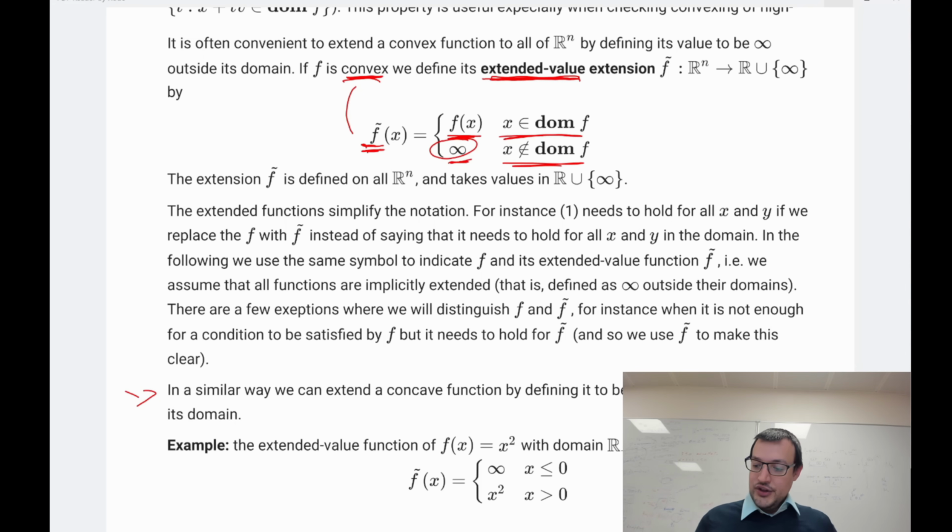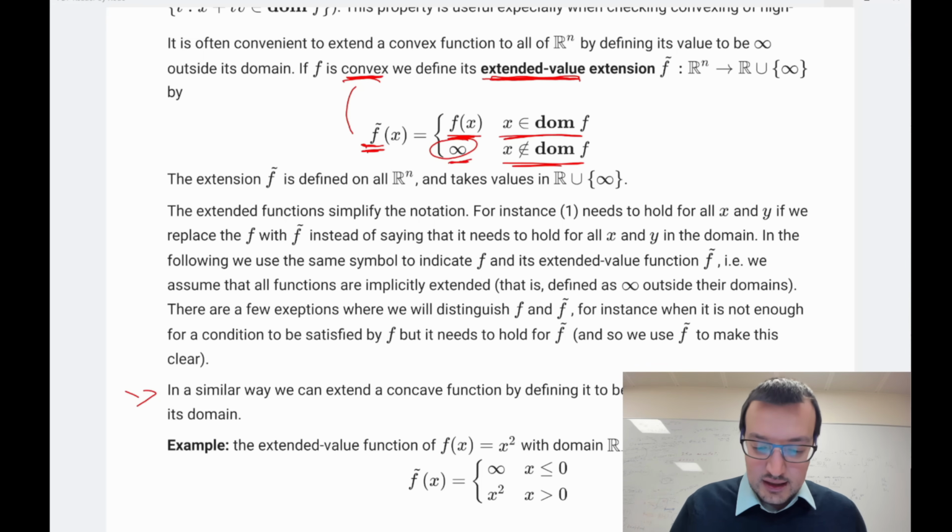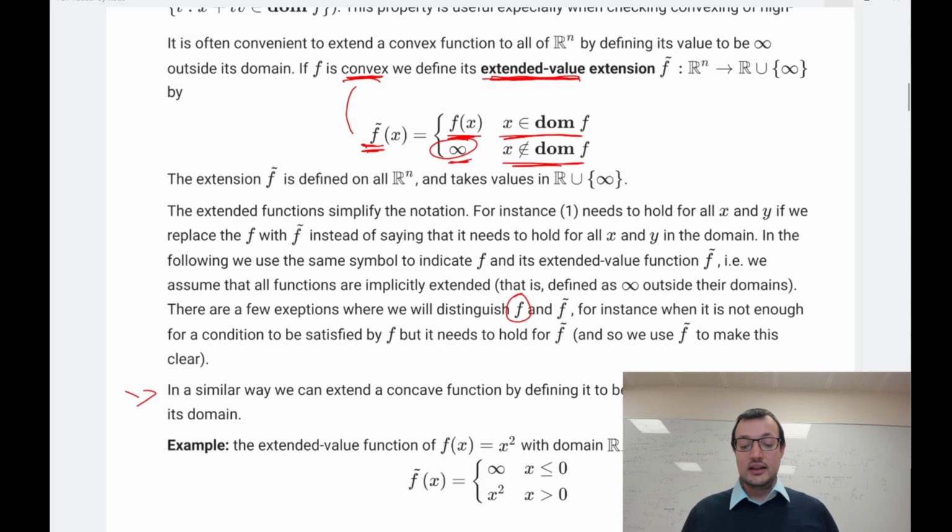Extended value functions are used commonly in books and literature about convex optimization, and often we just abuse the notation with f. It may actually be indicated f tilde, and from now on, when we say f, we actually mean the extended value function, unless we want to make a distinction.